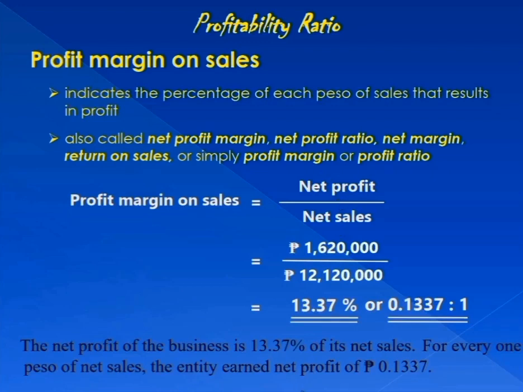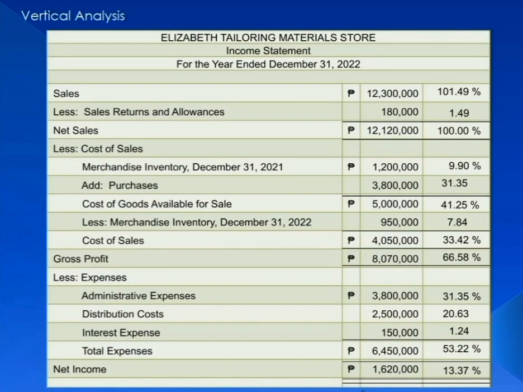Also, in case you haven't realized yet, this profit margin on sales of 13.37% can be seen on the common size income statement of the business, which we did in the first part of this lecture series. Here.